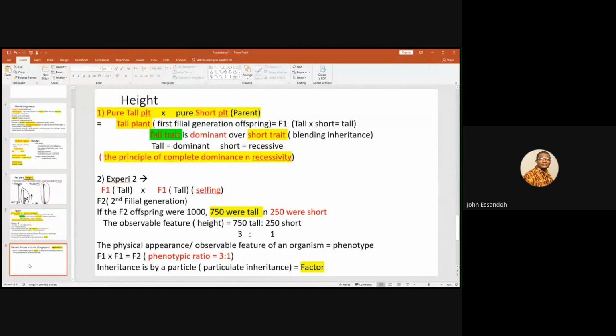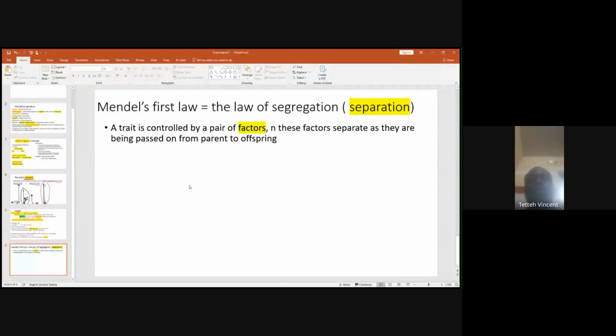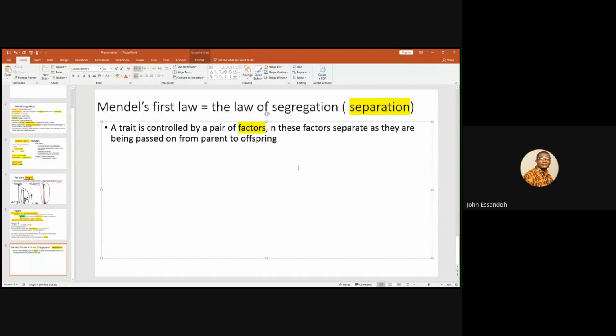So Mendel did something we call test cross. Test cross, all right?